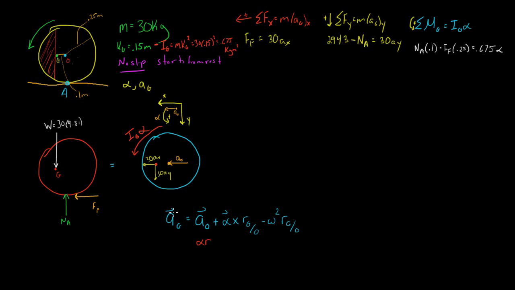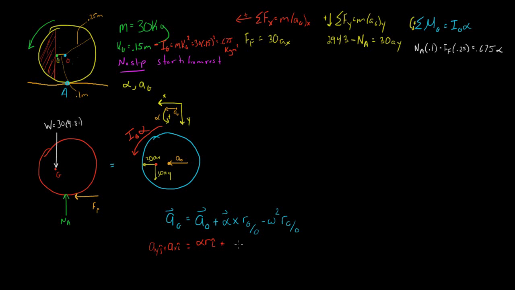We know what our acceleration of G is. Our acceleration of G is going to have a y component plus some x component. And these are vector equations, so they need unit vectors. This needs a j component, this needs an i component. This is its magnitude, but it's moving in the positive x direction, so it's going to have an i component.